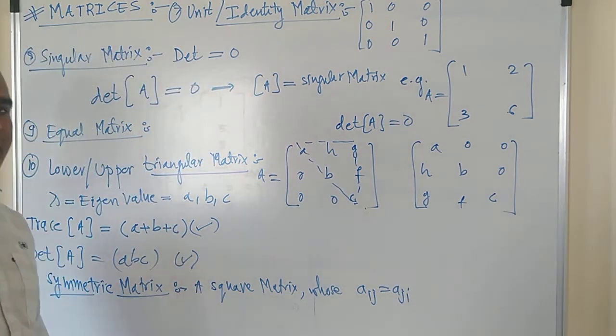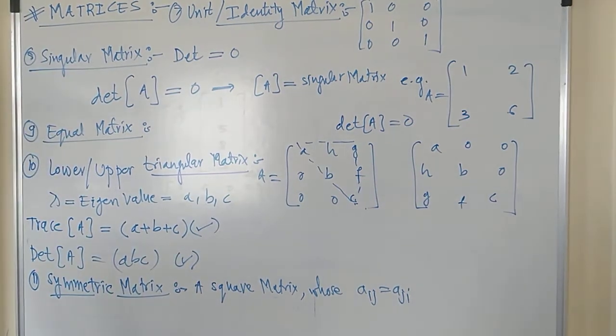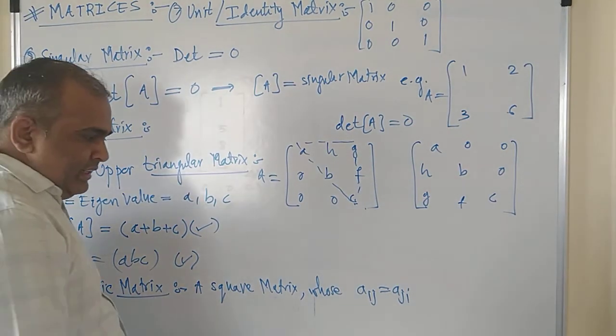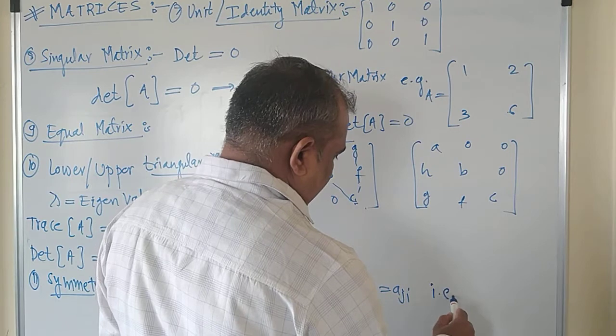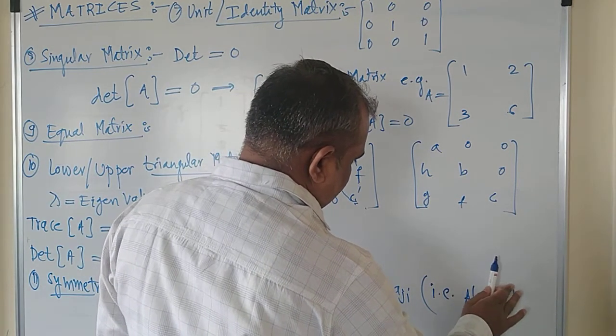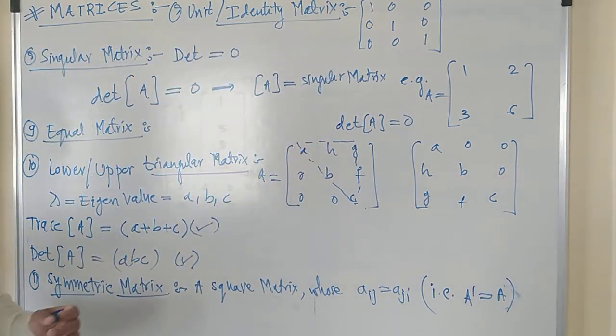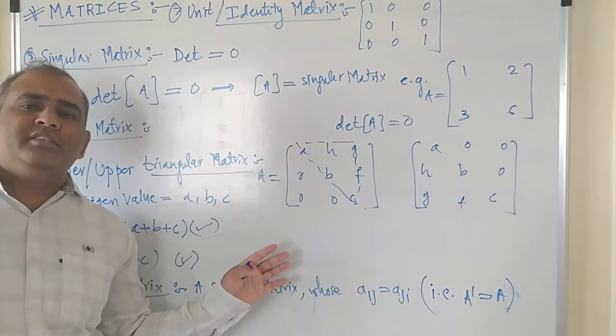What are Aij and Aji? These are the elements of the matrix, right? That is, I can say the matrix and its transpose are the same, right? What is the transpose of a matrix? If you change its rows and columns, then the matrix remains the same.